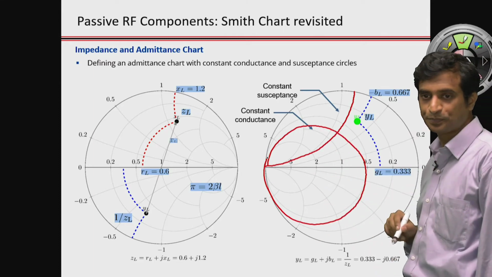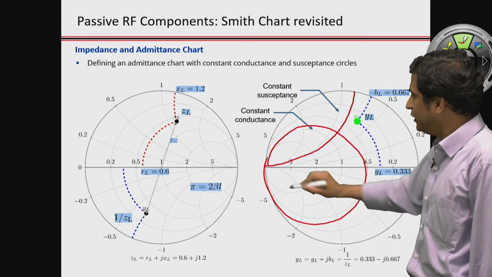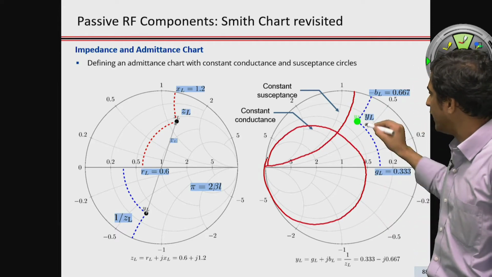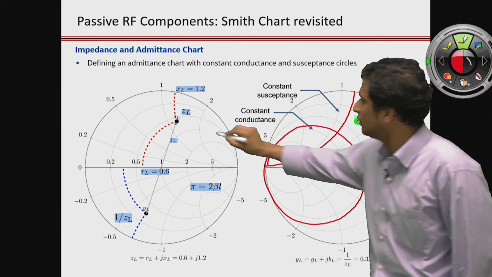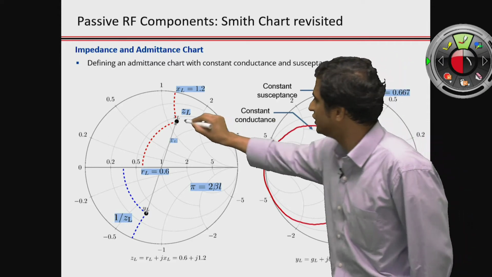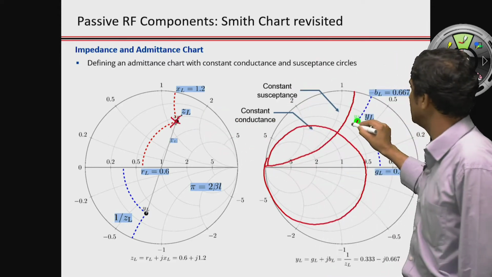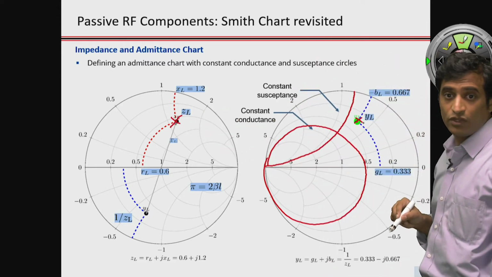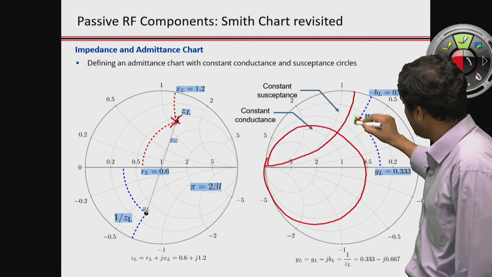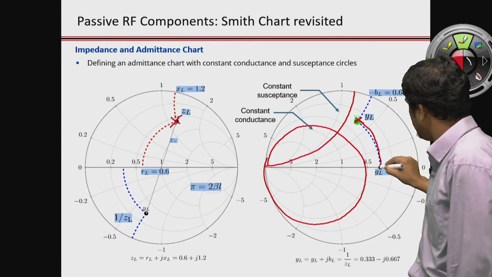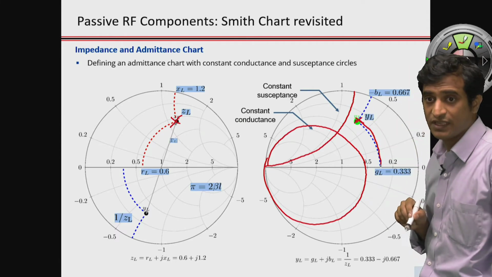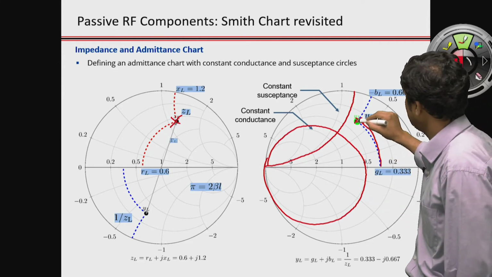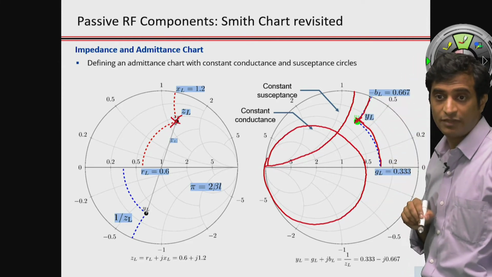It's a full circle. By including these two sets of curves, for any given point, which is the same physical location in the impedance chart as well as in the admittance chart, we can obtain the conductance as well as the susceptance of that particular admittance.